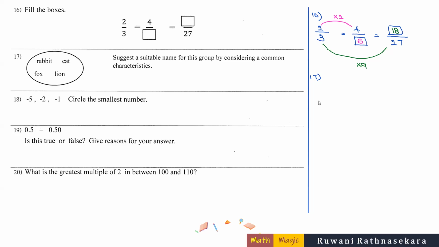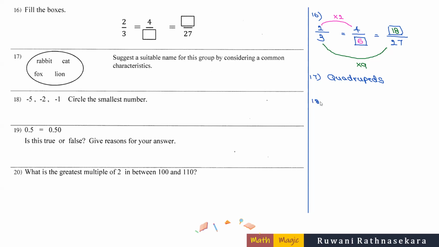So we call these quadrupeds, or you can write animals with 4 legs. Animals having 4 legs or quadrupeds. Quadrupeds or animals with 4 legs or 4-legged animals.